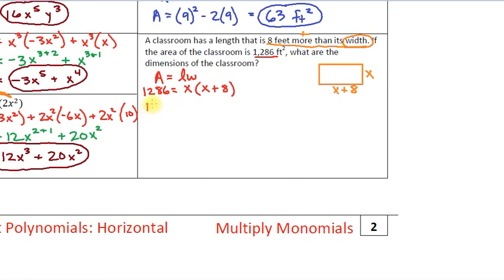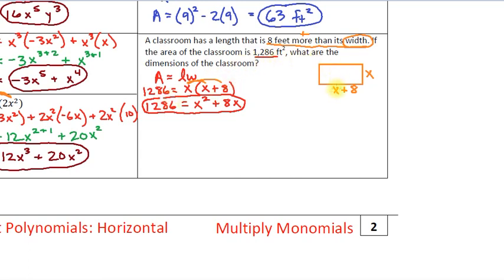We can simplify this. 1,286 is equal to, remember, we're going to distribute the x to the x and the x to the 8. x times x, the exponents add: x to the 1 plus 1, which is x squared. And x times 8 is just 8x. So here is, I'm going to circle this, here is our equation that we have to solve.